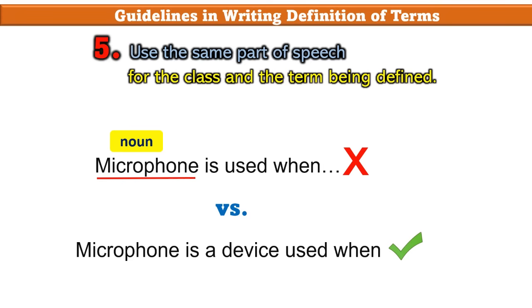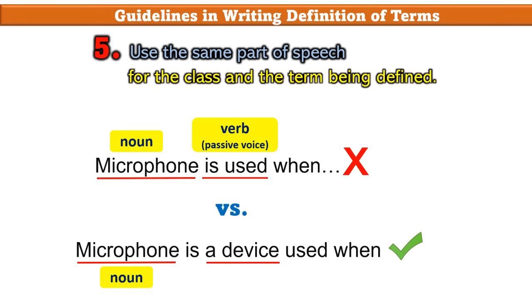Following it is a verb in passive voice, is used. Dun naman sa second definition, still, ang term defined ay yung microphone, which is a noun. Then, following it is a device, which is also a noun. Itong second one ang tama dahil yung term at yung class ay parehong noun.